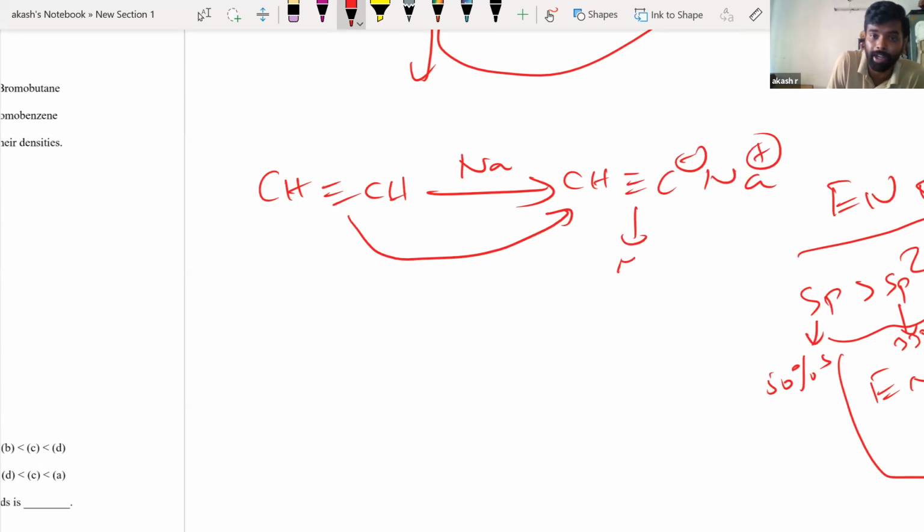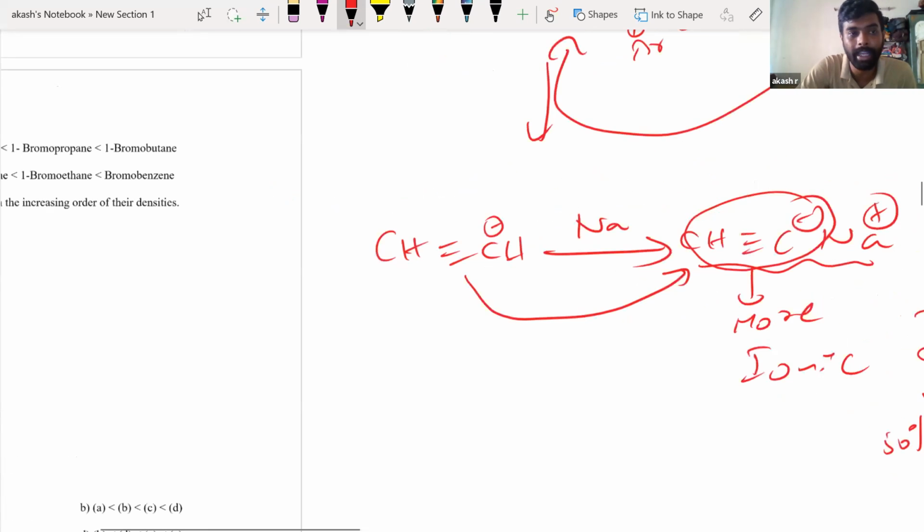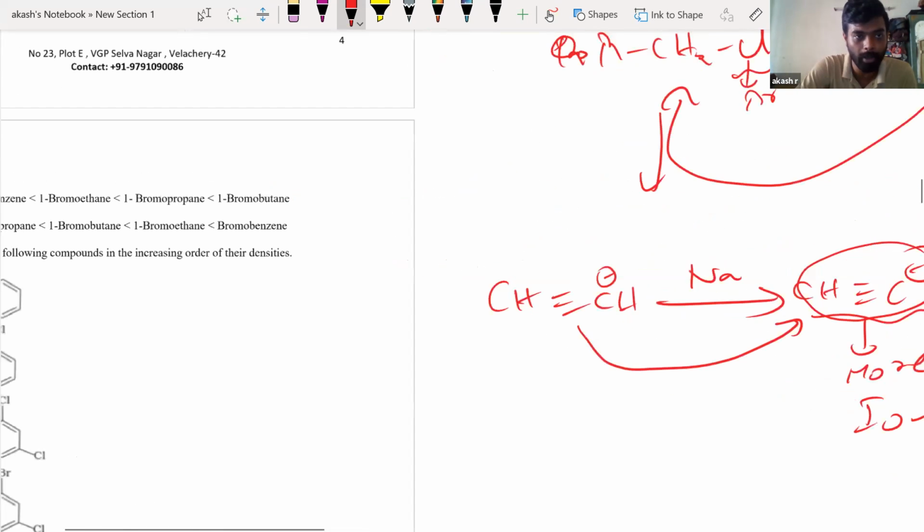So this is more ionic. Even though this H plus can come out, the negative charge will be more if I have an Na. This becomes a perfectly ionic compound, right? So that I can easily have this one attacking my substrate, attacking whatever the haloalkane I have. That is the reason why I have the sodium amide. Anyways, don't worry about this.